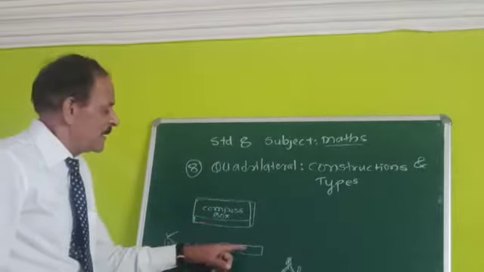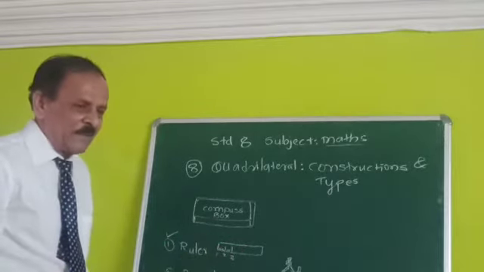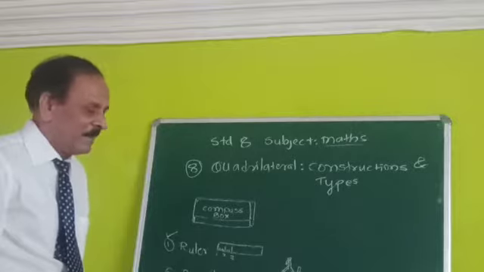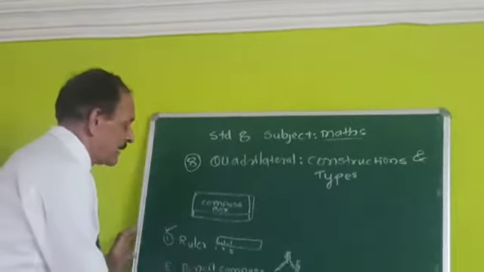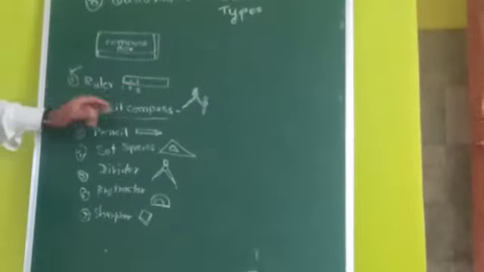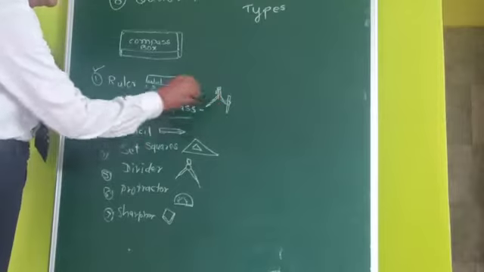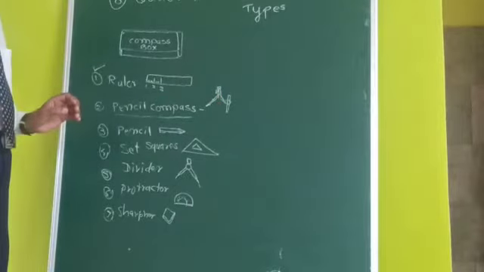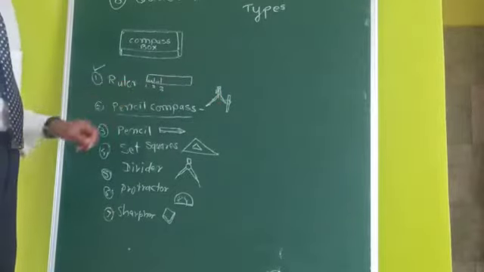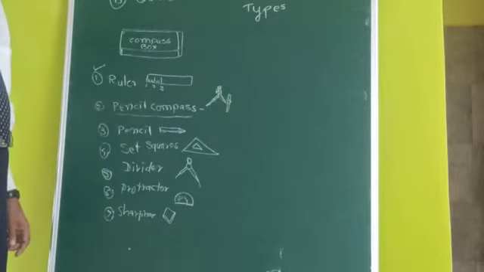Ruler, in the sense scale, is used for measuring distance, length, height, etc. Second is the pencil compass. This is the pencil compass. One side has a sharp needle edge, and another is there for fixing the pencil.